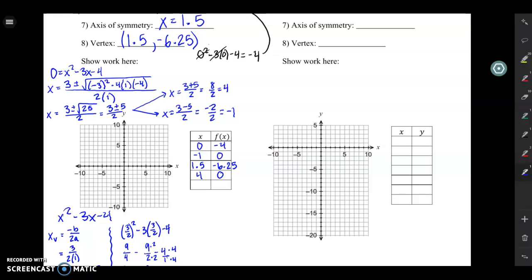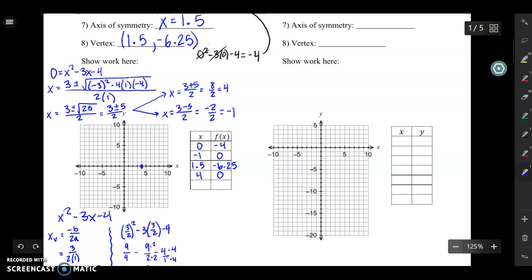So my vertex is going to be at 1.5, negative 6.25. And since we're dealing with fractions, you're kind of going to have a point that's not necessarily sitting on a crosshair of the grid. I also have a point at 4, 0. And at, oh, I just realized that I put my vertex in the wrong spot.